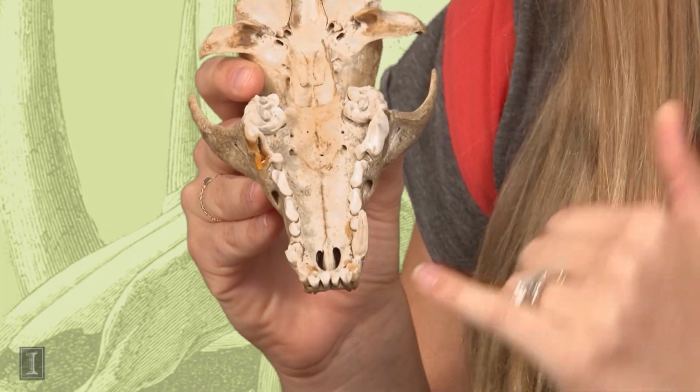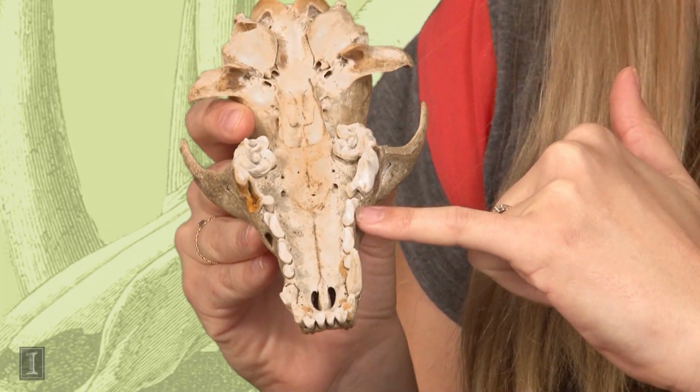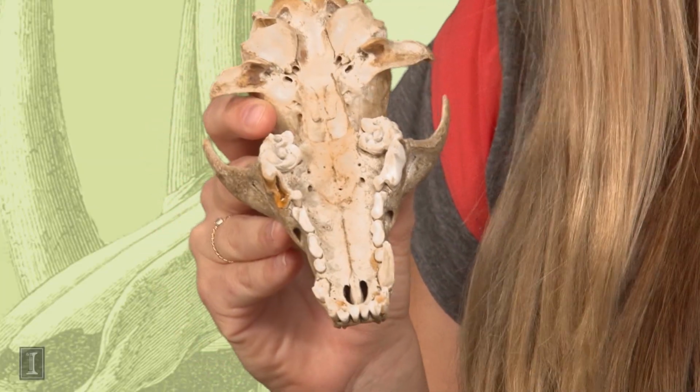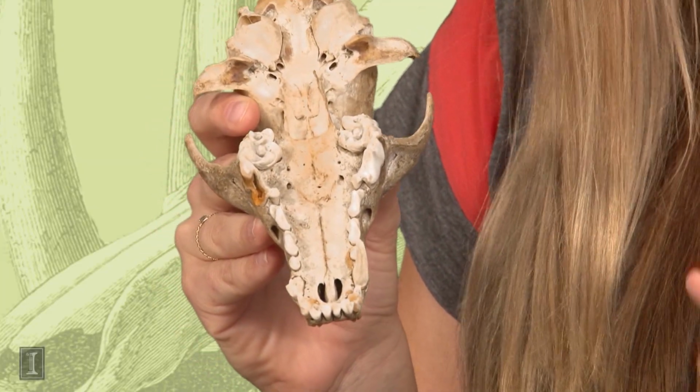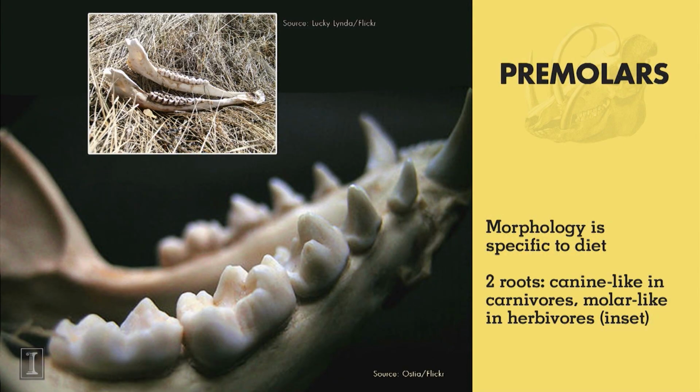Moving towards the back of the mouth from the canine, our next group of teeth are the premolars. And the morphology of these teeth can actually vary widely based on the organism's diet or the feeding mode. So with this particular specimen, you'll notice quickly that they're sharp. And so that's speaking to the specificity of this organism's diet, which is it's a carnivore, and so it's largely going to be eating meat, if not completely eating meat.